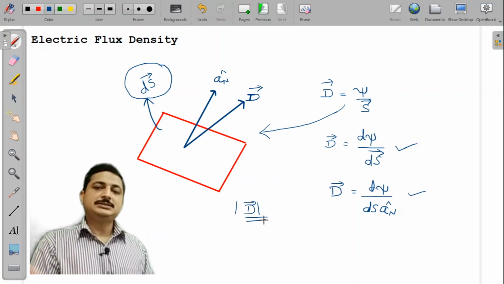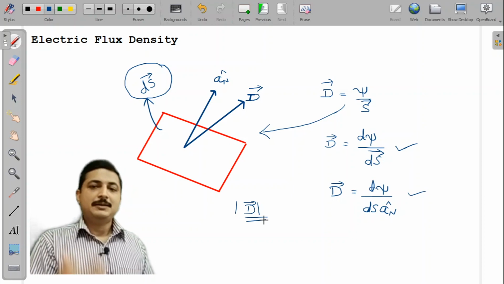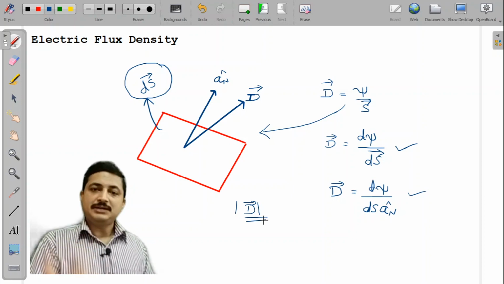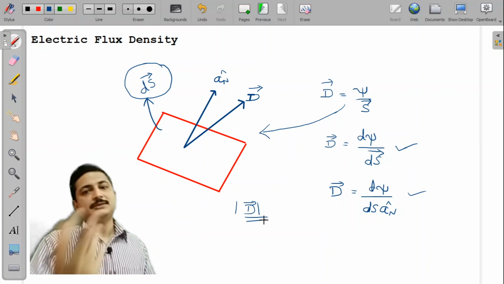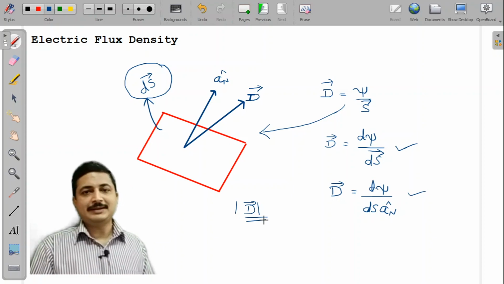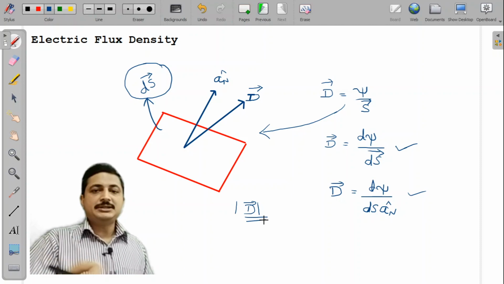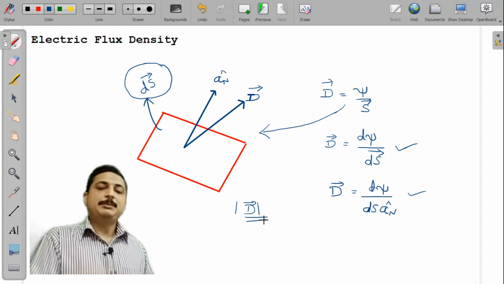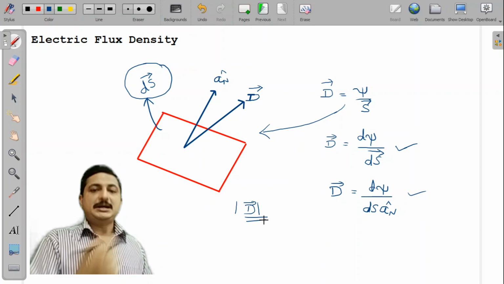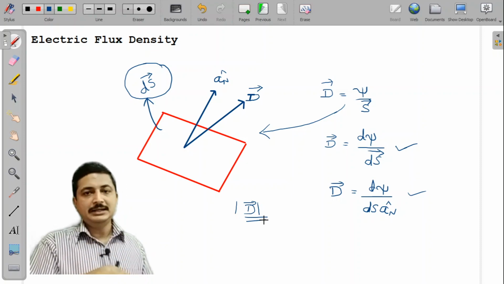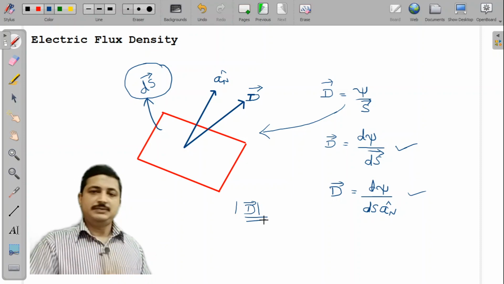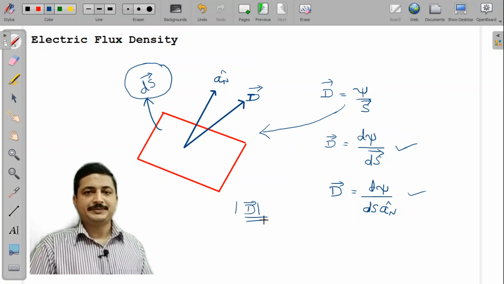Magnitude of D is the number of flux lines passing through the surface held normal to the flux lines. I will repeat how you write the definition: the magnitude of D is the number of flux lines passing through the surface held normal to those flux lines. That is the definition.